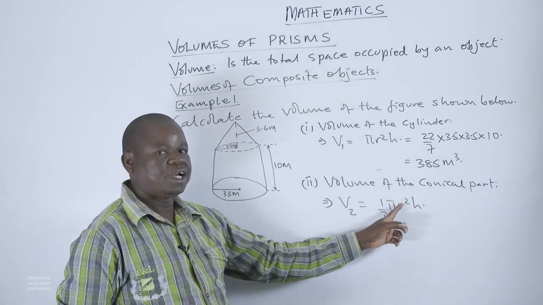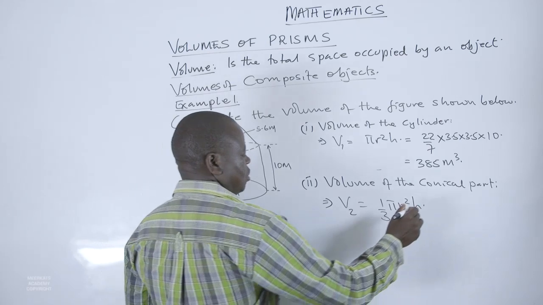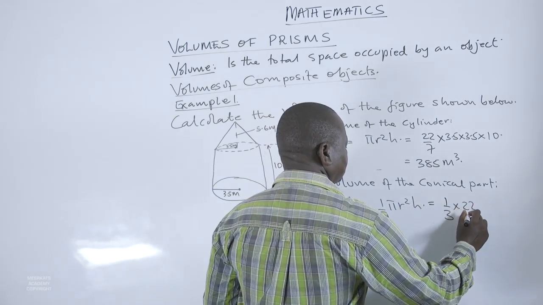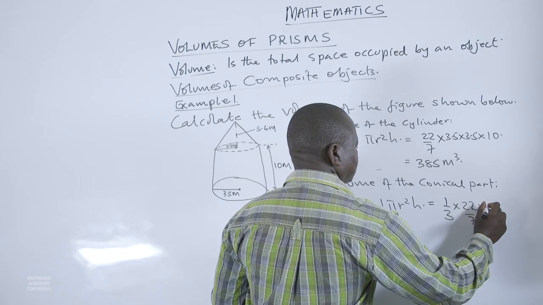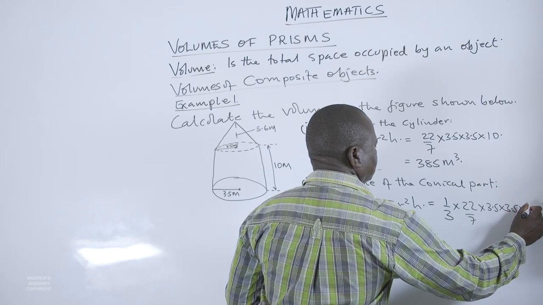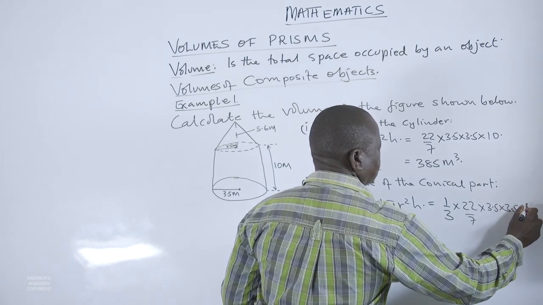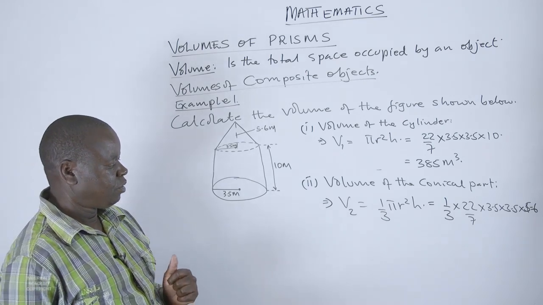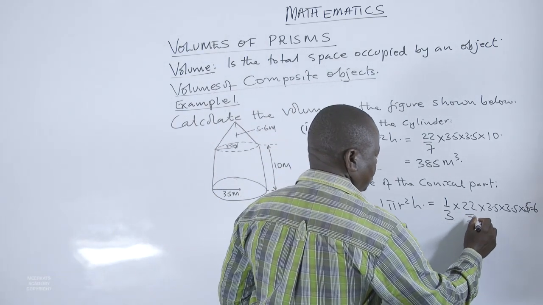One over 3 pi r squared h. You do the substitution. Times 5.6. We simplify.